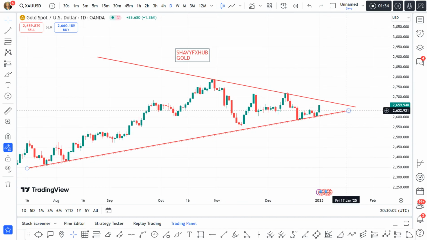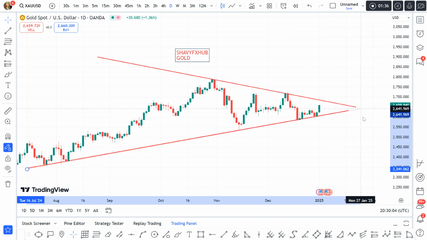This is a clean symmetrical triangle, coming from the roof and coming from the floor.